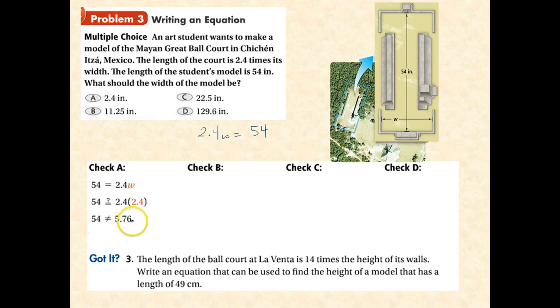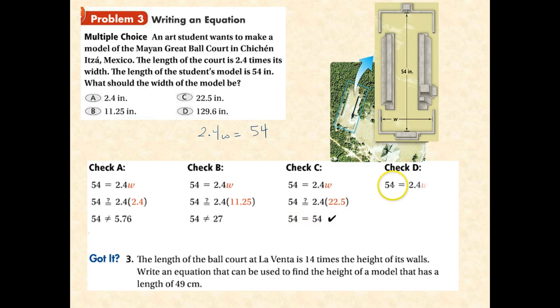No, it's not. How about, let's check 11.25. 2.4 times 11.25 is 27. That's not it. How about C, 22.5? 2.4 times 22.5. It's magic. And then let's check D just to make sure. 129.6. 2.4 times that is 311.04. Totally not 54.